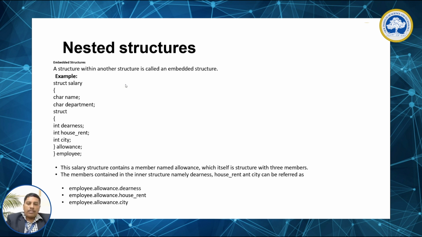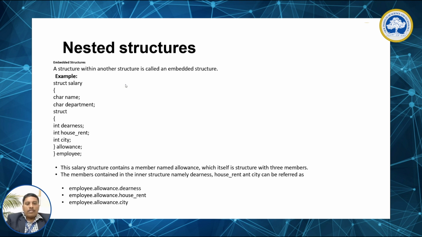That is embedded structures. Previously we discussed separate structures. Here a structure within another structure is called an embedded structure. I created a structure named salary, which contains two members, name as well as department. It also has another structure, allowance, which has dearness, house rent and city. I create the variable for the second structure as allowance, and the first structure as employee.